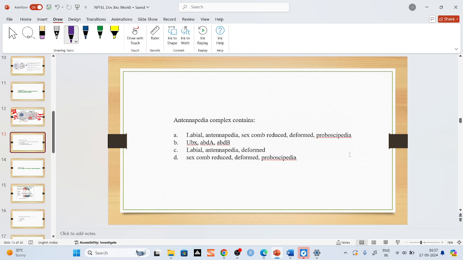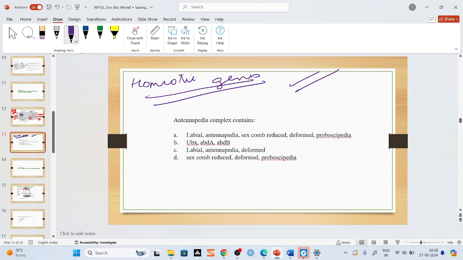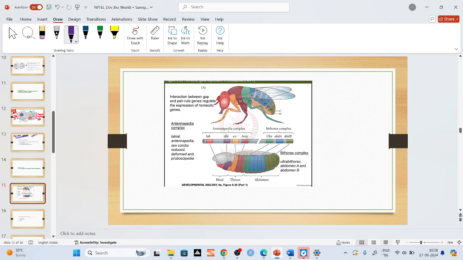So basically, what is antennapedia? Can anybody tell me? These are examples of homeotic genes.